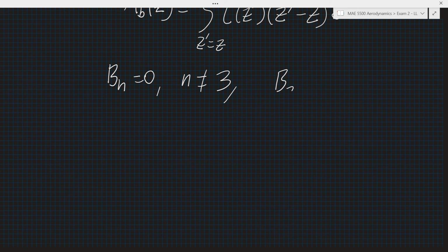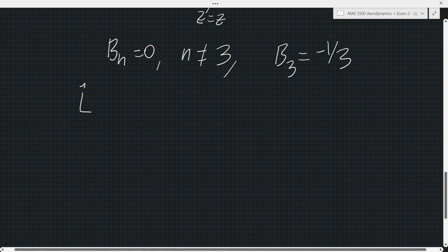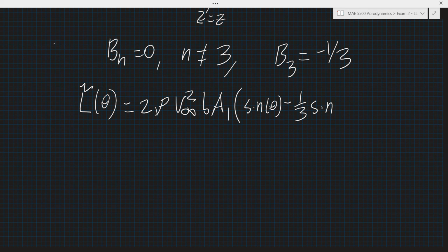And he found the Prandtl bell-shaped lift distribution to minimize that bending moment the most, where B3 is -1 over 3. Okay, and that resulted in this section lift distribution, 2 rho v infinity squared b times a1 sine of theta minus 1/3 sine of 3 theta.